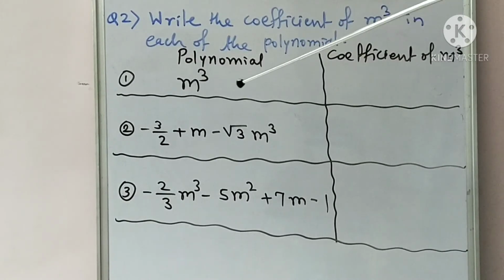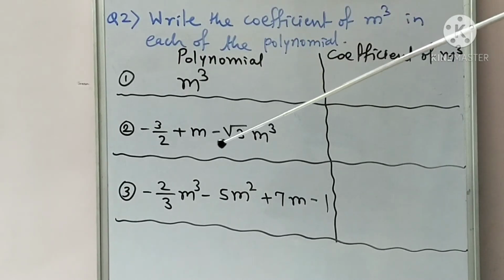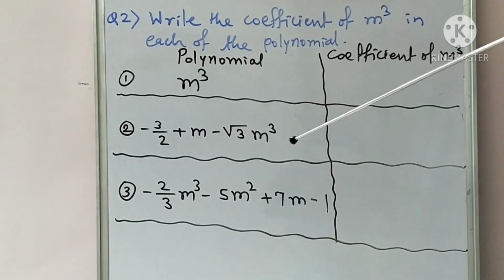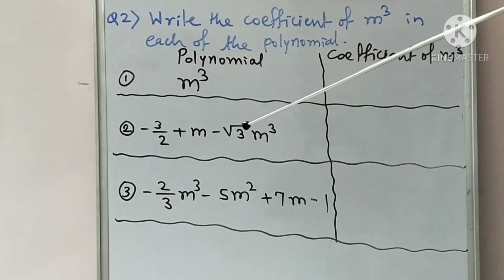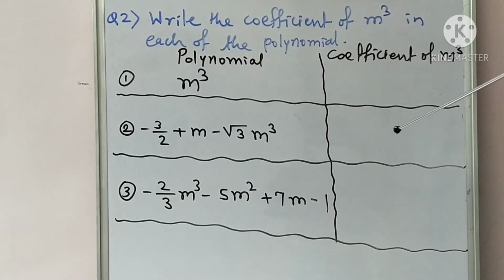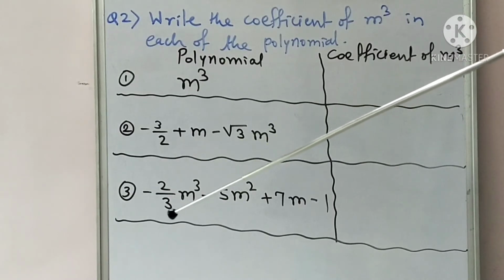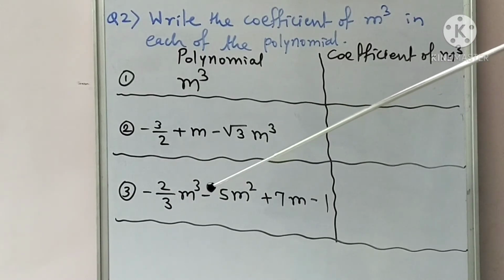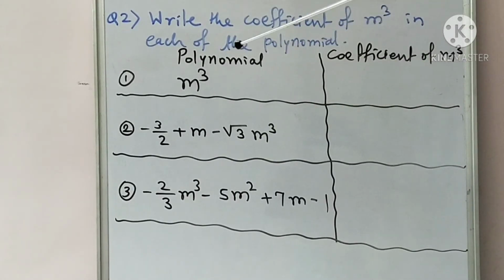In the first one, m cube, so the coefficient is 1. For the second polynomial, the last term is m cube and its coefficient is root 3, but with a minus sign, so it's minus root 3, not root 3 only. For the third one, m cube is the first term with coefficient minus 2 upon 3. Getting this, students?